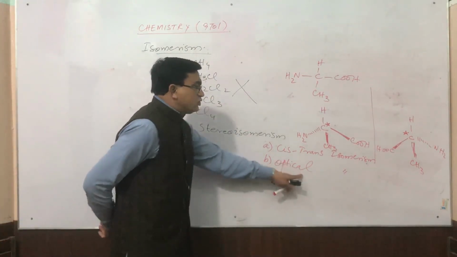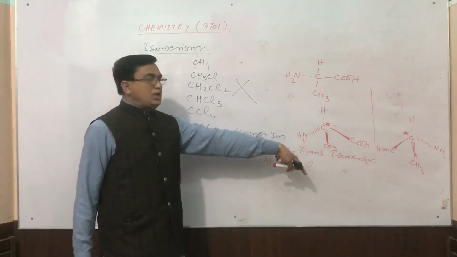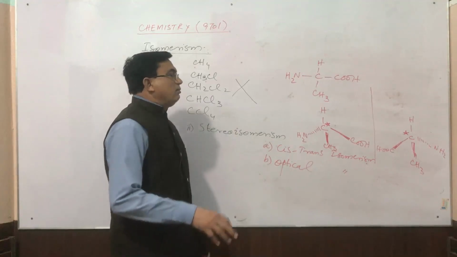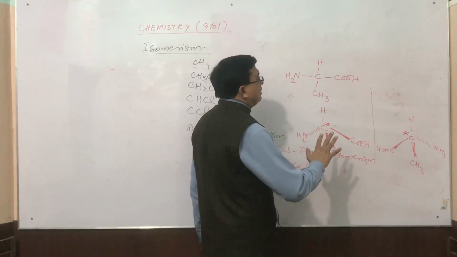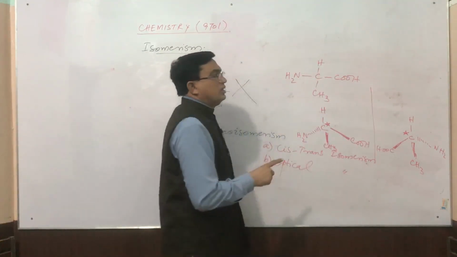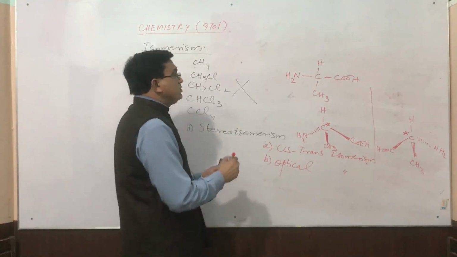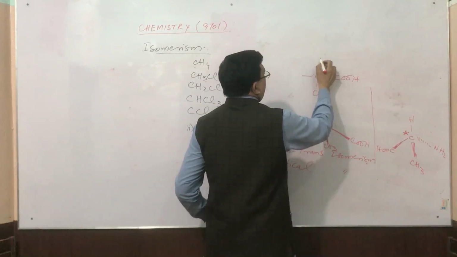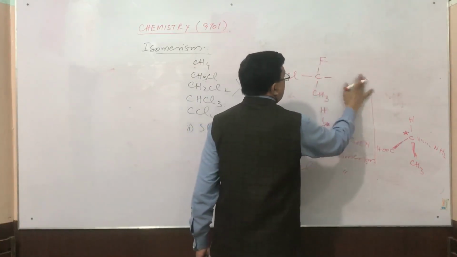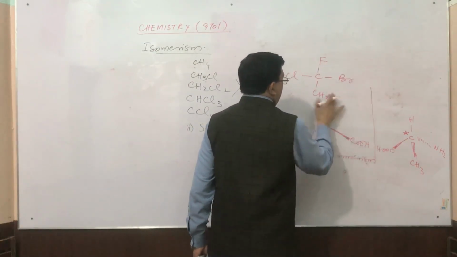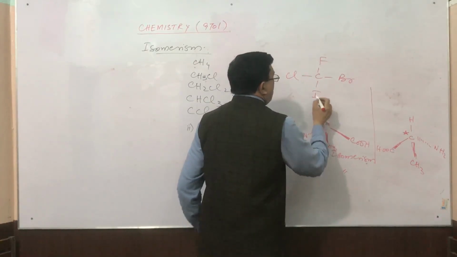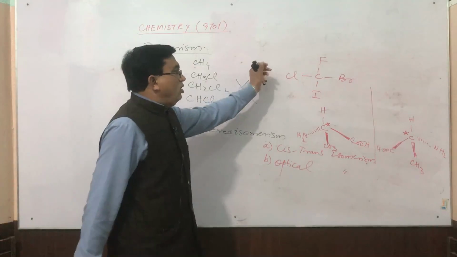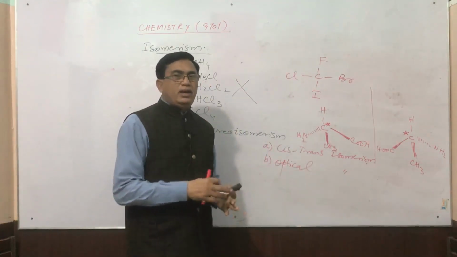Now, optical isomerism can be judged on the basis of this. Second, in such a case, if all the atoms we use are just like this: fluorine, chlorine, bromine and iodine. In optical isomerism, the nature of the atom plays no role.